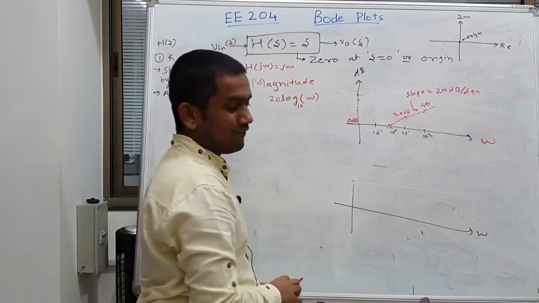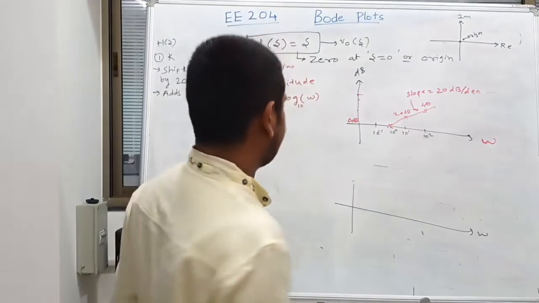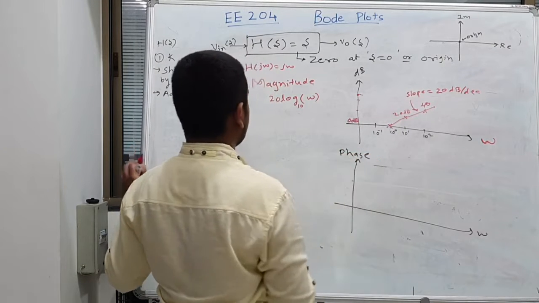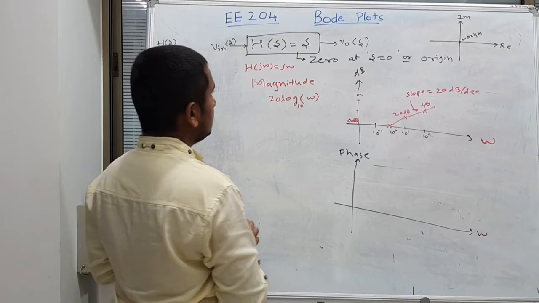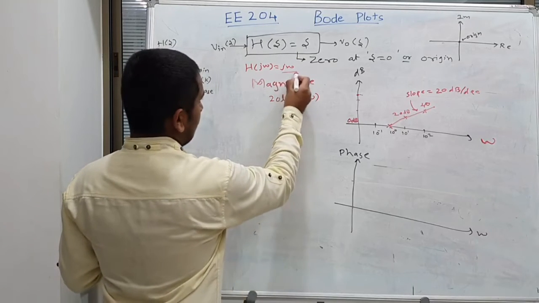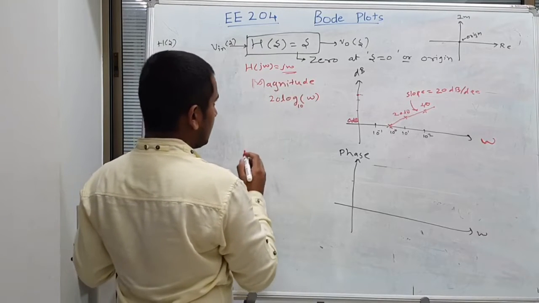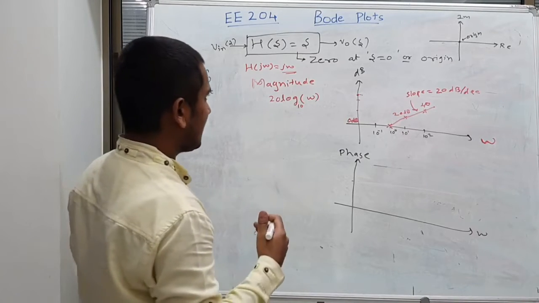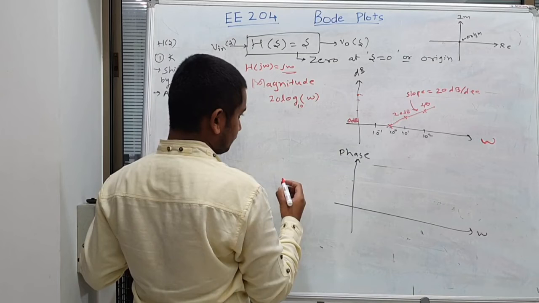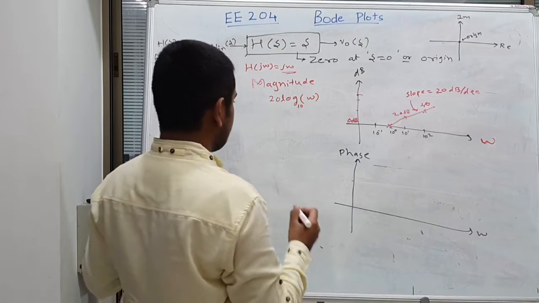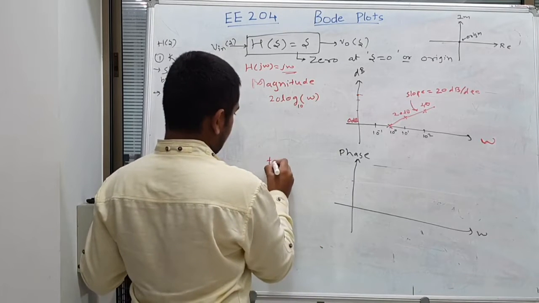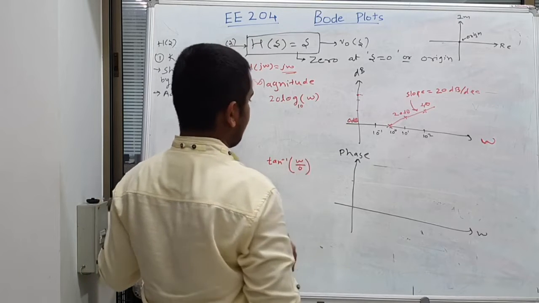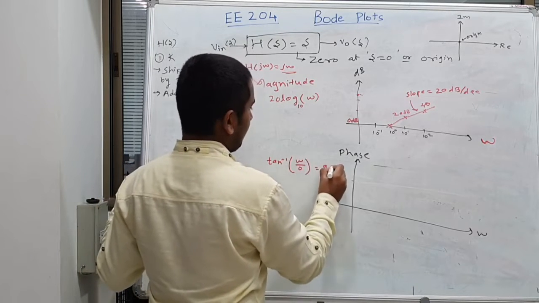Now let's look at the phase plot. For h of j omega being j omega, the tan inverse of imaginary by real, that is omega by 0, will give us the value 90 degree.